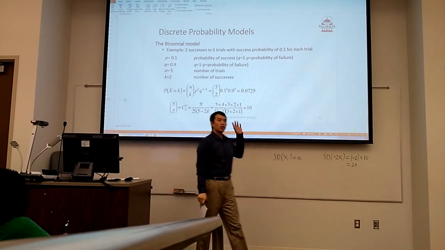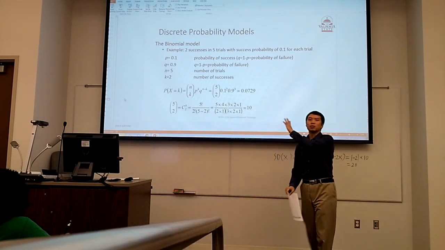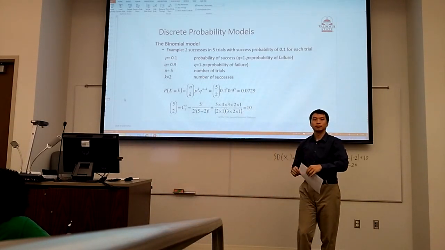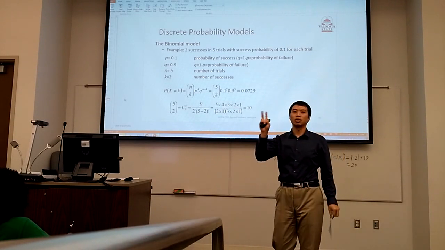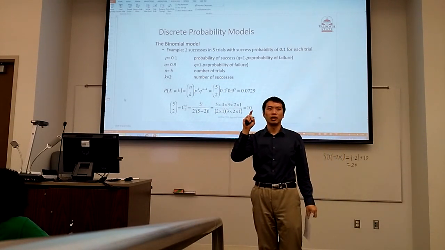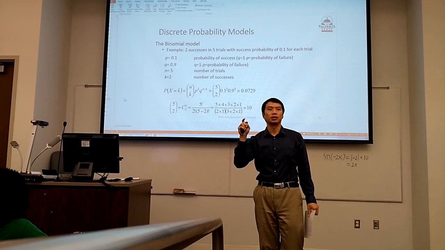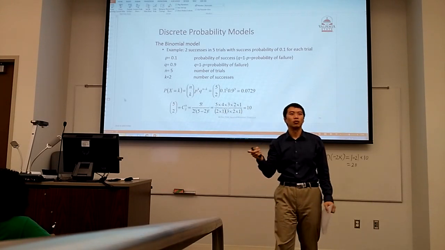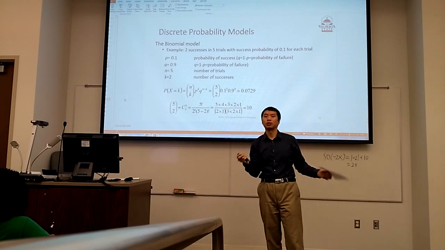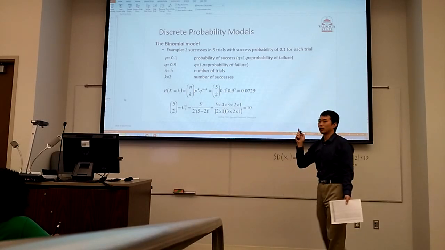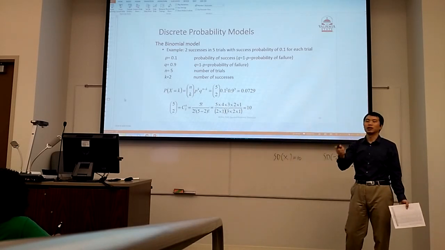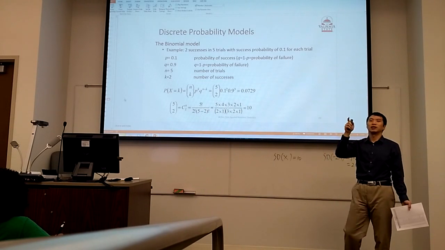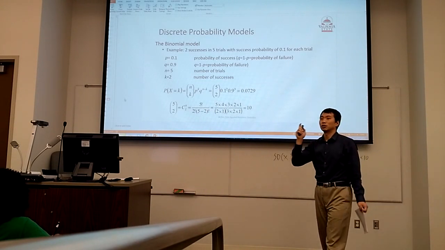So any questions on this model? Two important pieces of information: N and P. What is P? P is the probability of success, which we already defined when we talked about the probability of a trial. The other important parameter is N, the total number of trials.